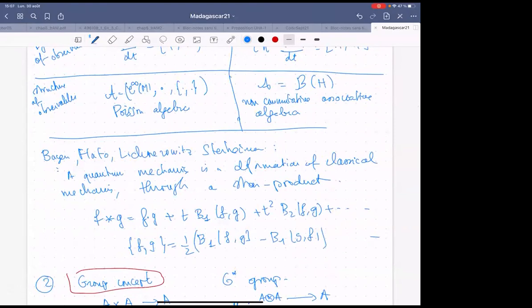In fact, I talked about two separate, different things. The first point is just to illustrate the fact that quantum mechanics is a deformation of classical mechanics. Of course, I would have to go deeper and consider groups also.